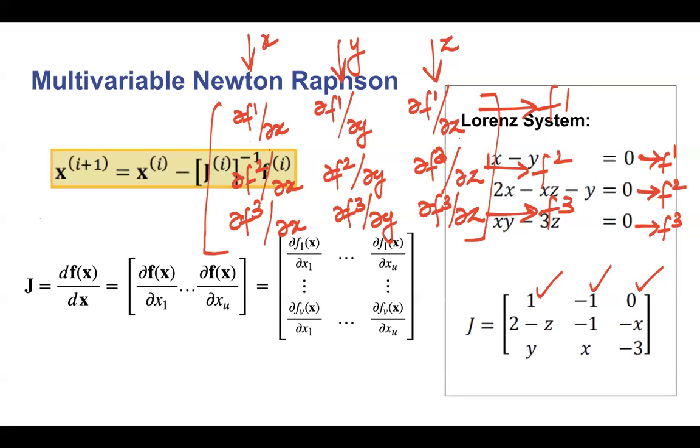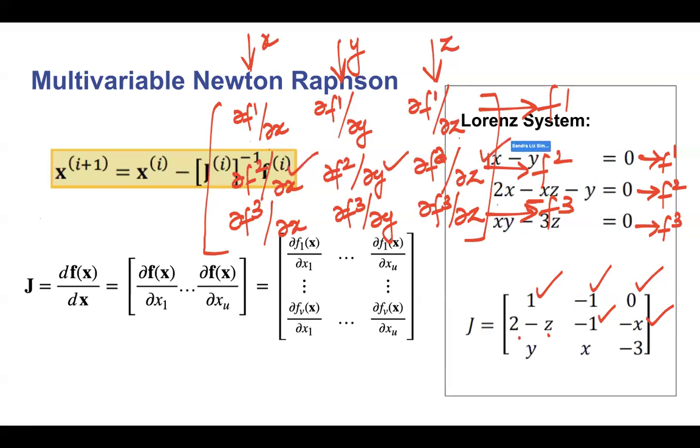Yes, ma'am. Okay. Now the second row is second function. Second function with respect to x, what will happen? 2 minus z will come because z is a constant. 2 minus z. Now, with respect to y, minus 1 is a coefficient. So minus 1. With respect to z, what happens? Only this is there. Minus x becomes. So this is for with respect to this portion.